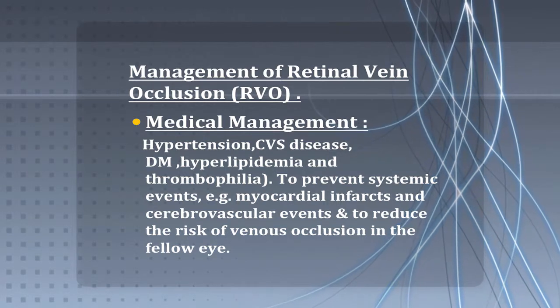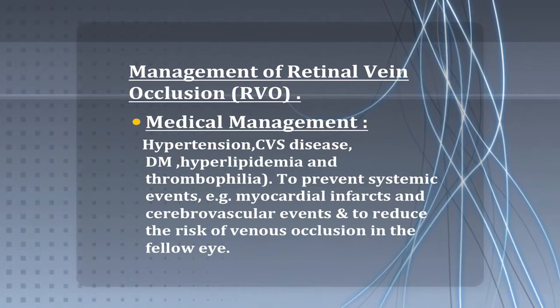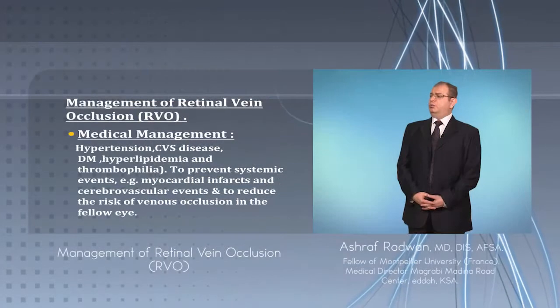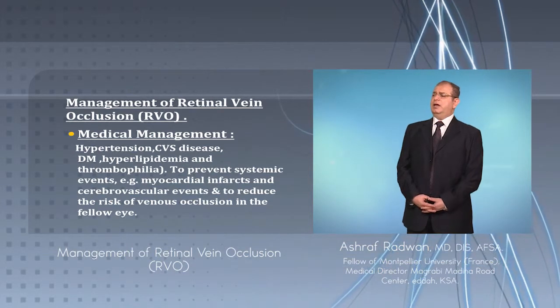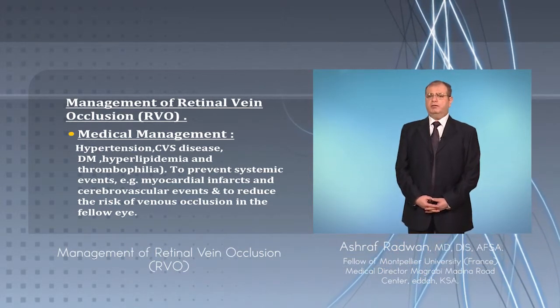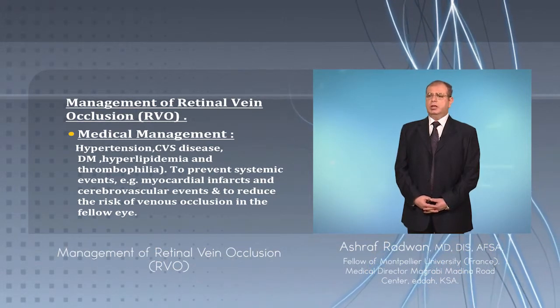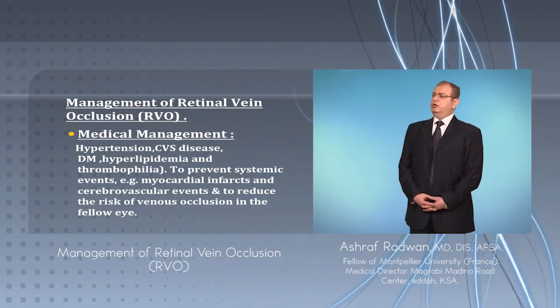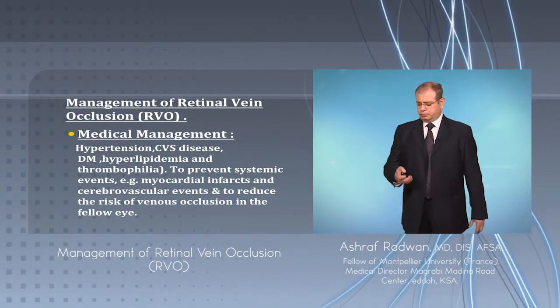Hyperlipidemia and thrombophilia have to be controlled and treated, in fact, if possible. To prevent a systemic event, the medical management is very important to avoid any attacks of vein occlusions anywhere in the body and to reduce the risk of venous occlusion, especially in the fellow eye.